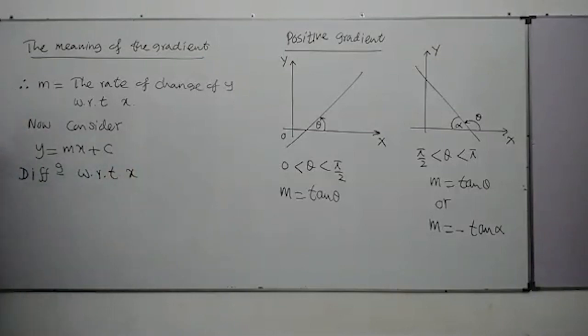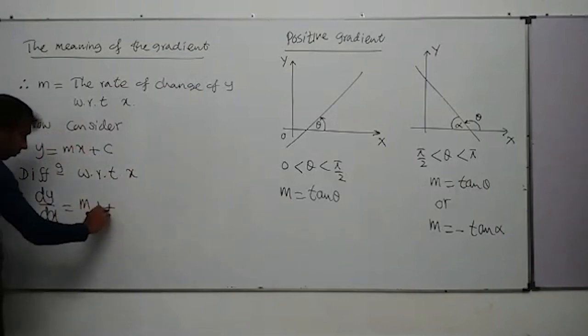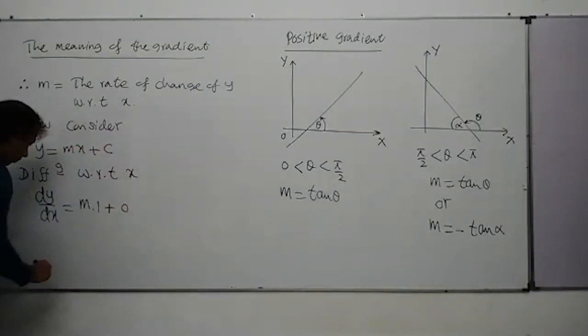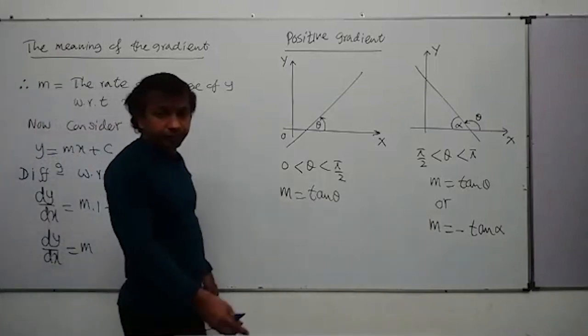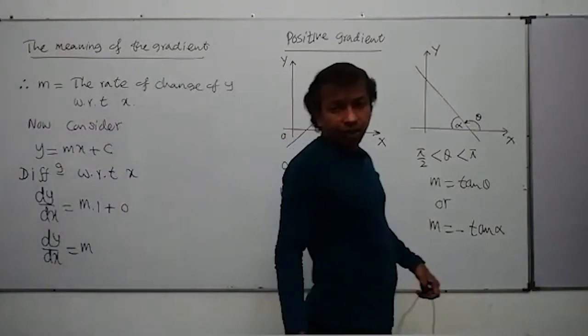What do you get there, people? dy by dx equals m times the derivative of x with respect to x, which is 1, plus that of c, which is 0. And we get dy by dx equals m.